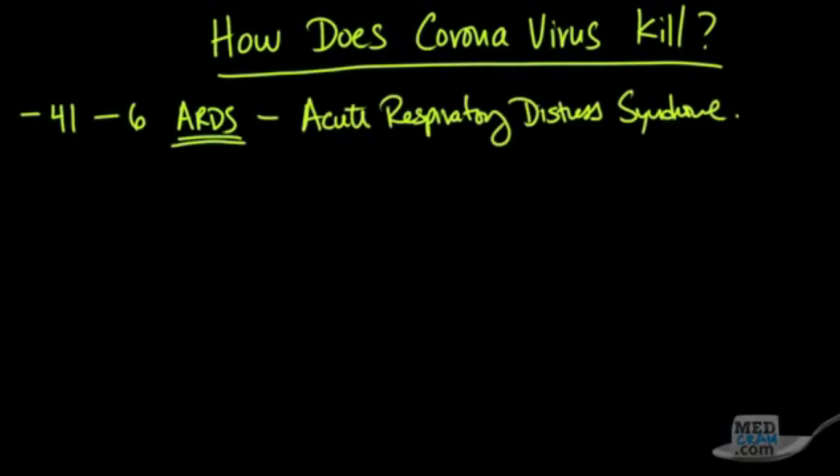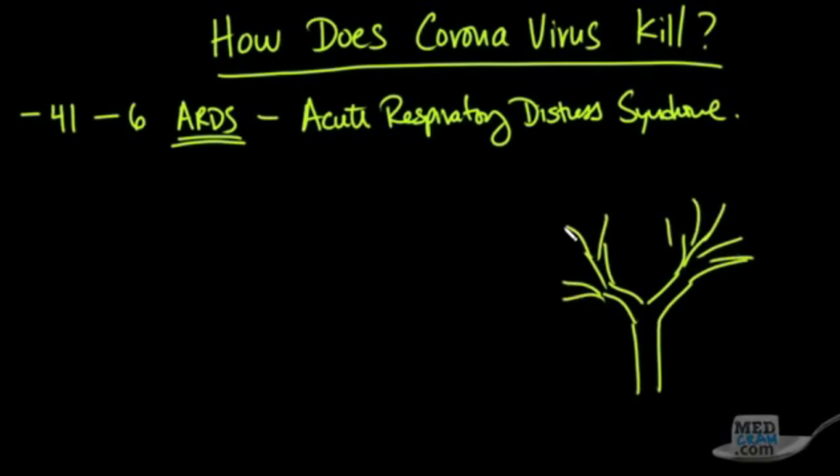So you first have to understand lung anatomy, and to understand that, I like to show you a tree. A tree has a tree stump, and then it branches, and those branches branch, and then further those branches branch, until finally you get to the leaves. These leaves capture the sun's rays, and that's what gives you photosynthesis, and that's how the tree lives.